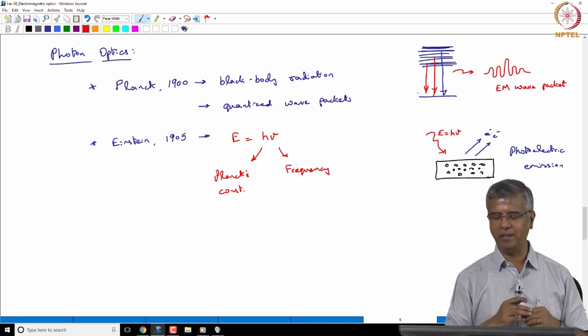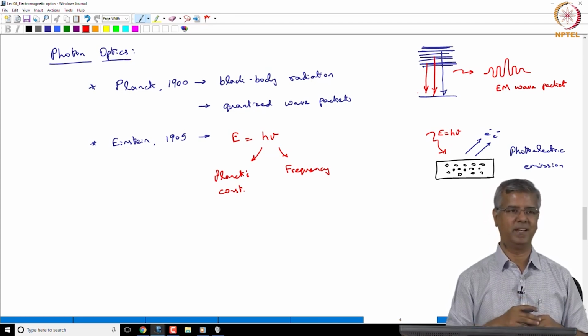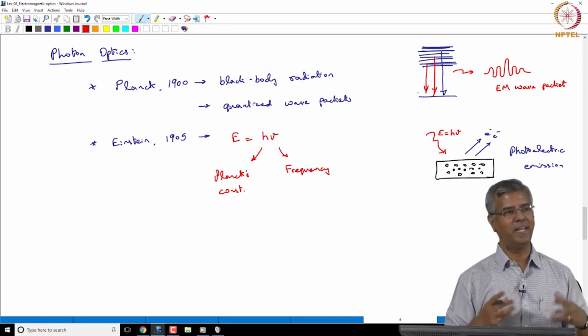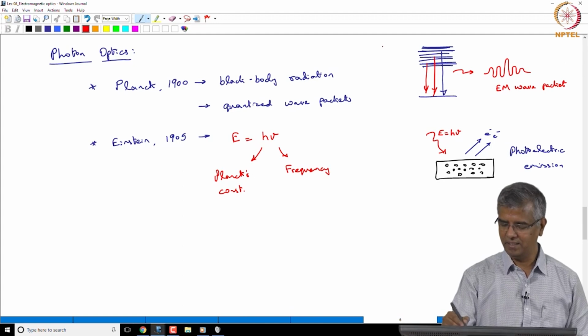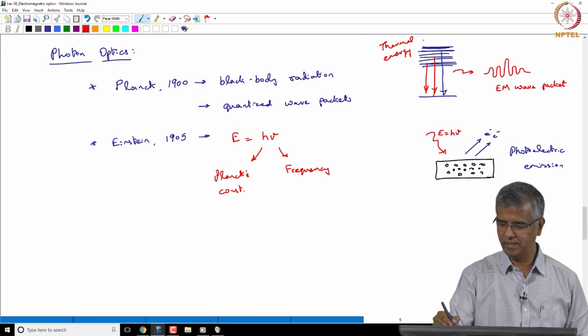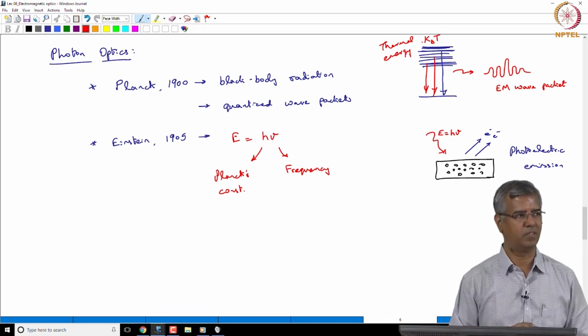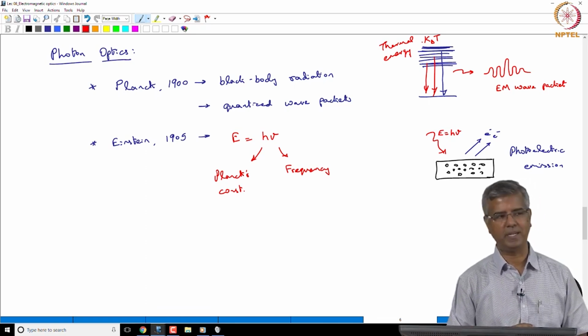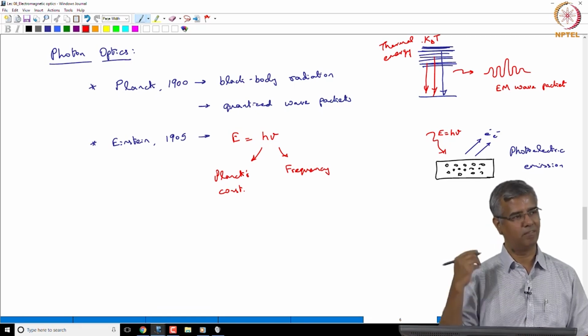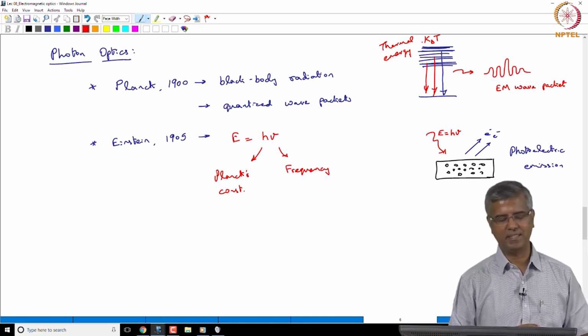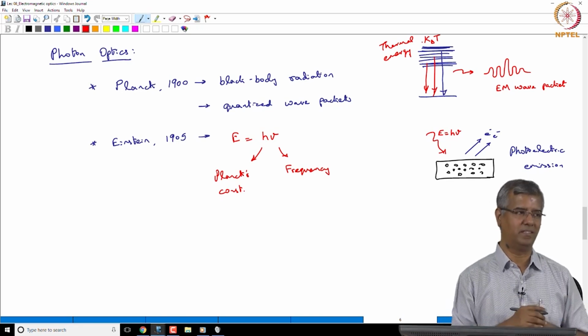So, what are you doing when you are heating up a material? You are building thermal energy, right. Thermal energy is quantified by kBT, where kB is the Boltzmann constant, right, multiplied by T. So, when you have higher temperatures, you have higher thermal energies, and because of that, what happens?